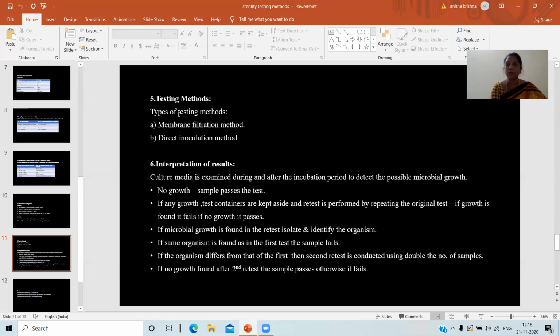Now how do you proceed with the membrane filtration method? As we are saying, it is a filtration method, and filtration means you have to use filters. So when you're using filters, you have certain standards to maintain.